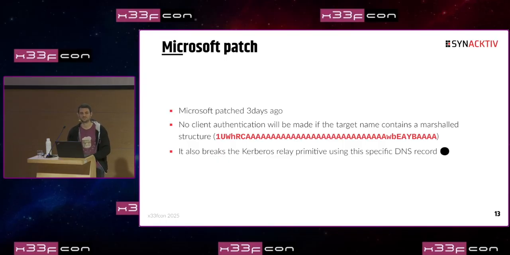Basically, when you perform authentication on the client, it will check if the target name contains the marshaled structure, and if it does, the authentication will not be performed. No connection will be made from the client. The saddest part is it also breaks the Kerberos relay primitive that we discovered using this specific record. So sadly, now we have a bit fewer Kerberos relaying primitives.